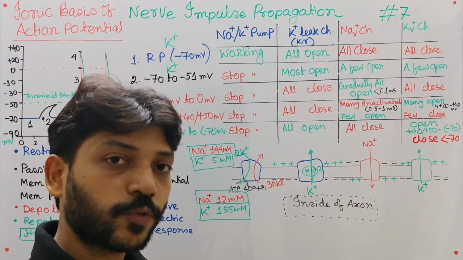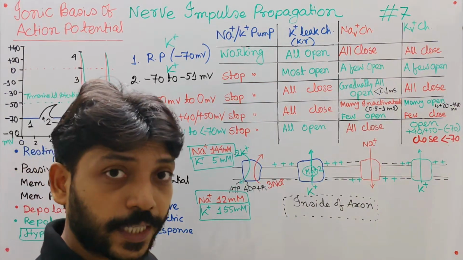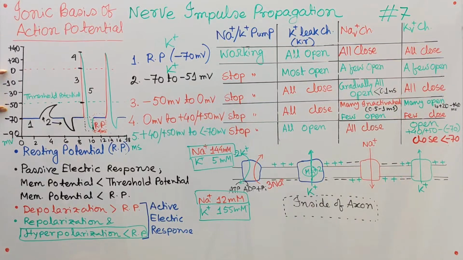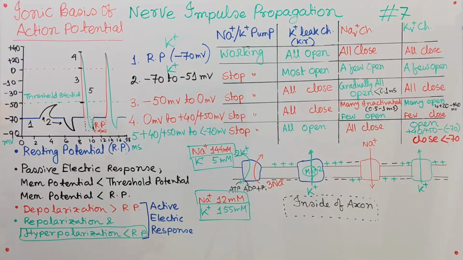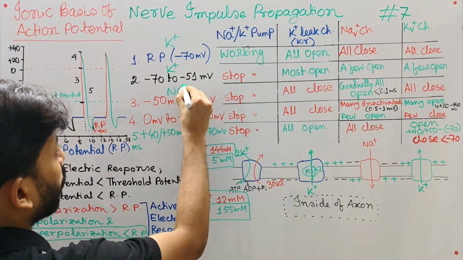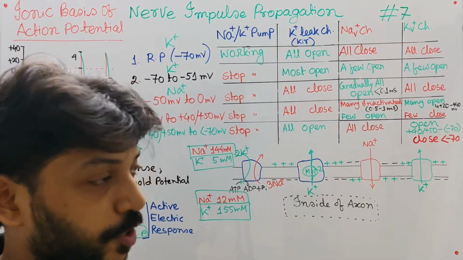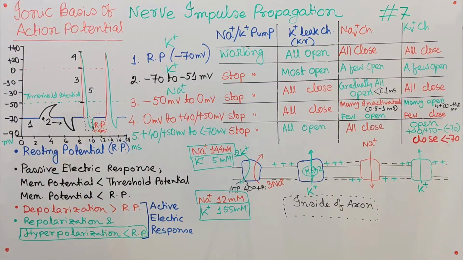All voltage gated sodium channels gradually open, and it takes less than 0.1 milliseconds to open. Okay, and in that voltage range from minus 50 to 0 millivolt, voltage gated potassium channels remain closed. So in this situation, I can write that mainly the sodium ions and the voltage gated sodium channels are the main contributors for this membrane potential range.